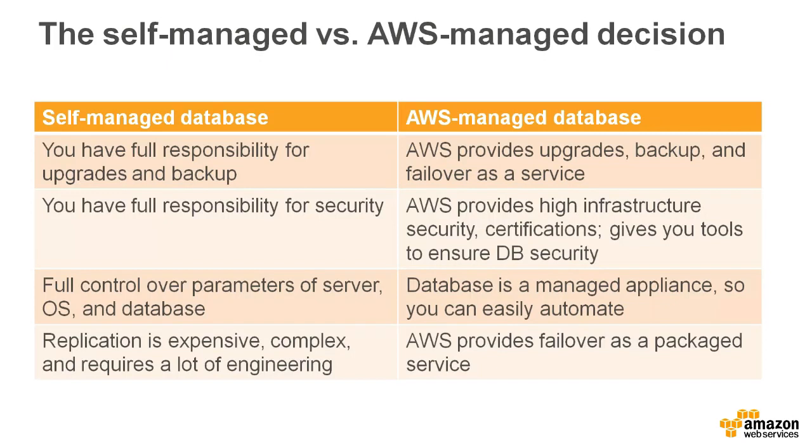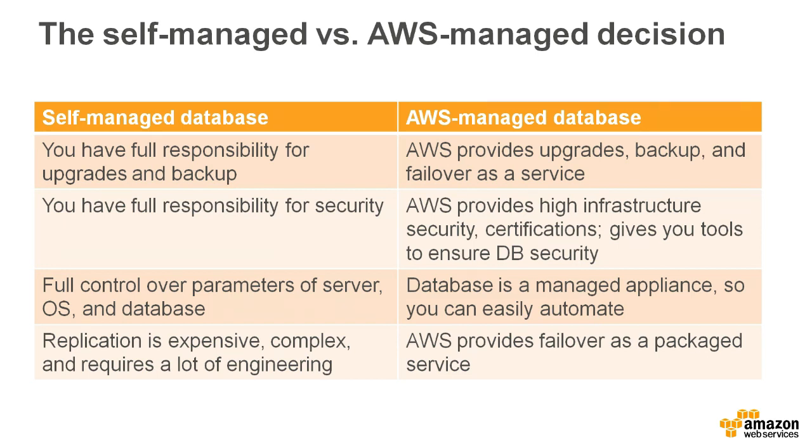So what is the difference between self-managed service and AWS managed service offered on the AWS cloud? When you go with a self-managed database, where you want to manage everything, you have full responsibility for upgrades and backup. You have full responsibility for security. If there is any security breach related to the database or software functionality, that is your concern.